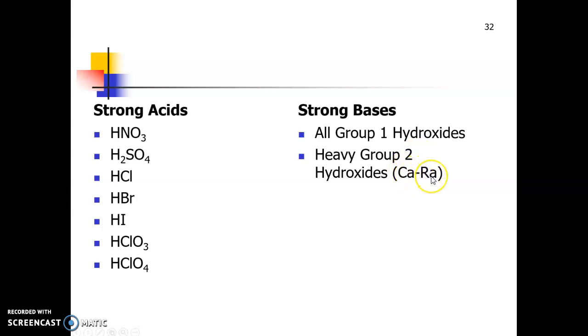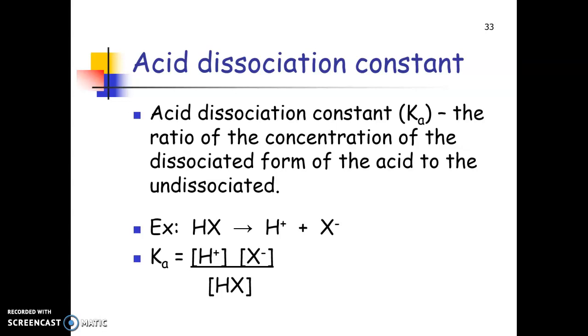But to the best of my ability to identify these, calcium through radium hydroxide, as well as all the group 1, so like sodium, potassium, lithium hydroxides, those are all considered strong bases. And then it's like, well, what about the weak base? If it's not on the list here, it's weak, and that's easy enough. So you have to memorize which ones are strong, and then the weak ones are the ones that aren't strong.